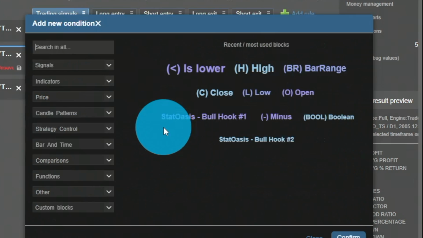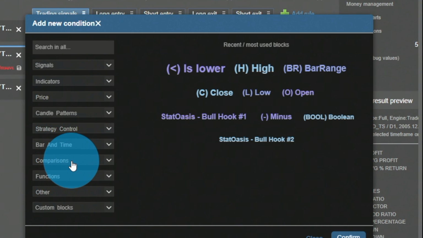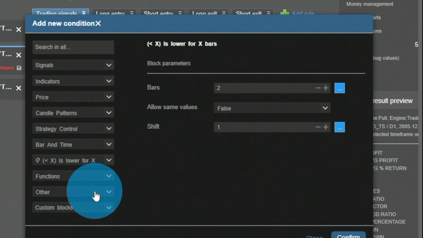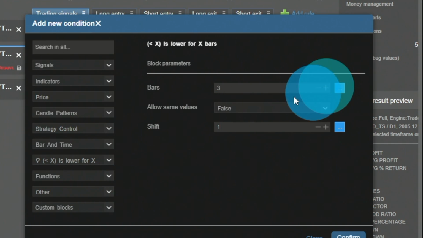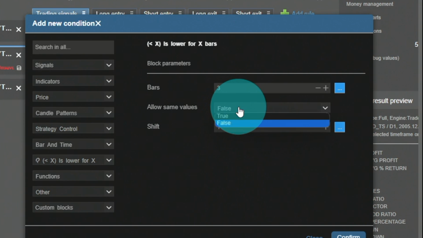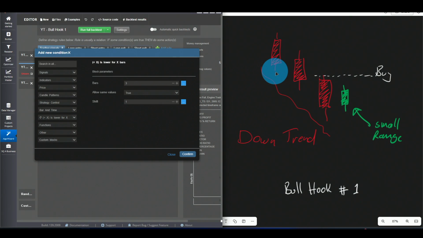You can find this in the comparison. So if you go to comparison and you go to lower for X number of bars, you click that in and you select 3 bars. And you can allow the same values. So basically, if the low is the same as the previous low, then that's okay.